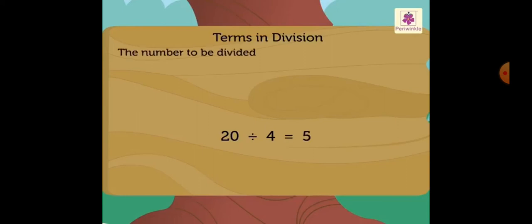Now, look at the division example. 20 divided by 4 is equal to 5. Here, the number to be divided is called the dividend. Here, number 20 is the dividend.